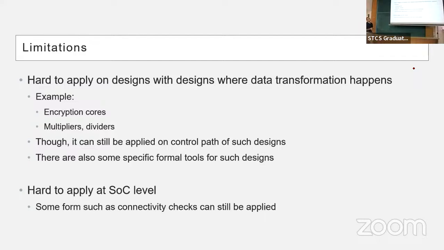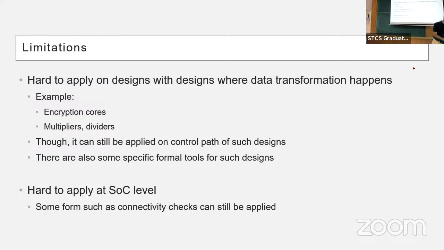Take the example of encryption: there are predefined fixed steps that should be done. So usually it's pretty easy to verify with simulation, if we are talking just about the core.